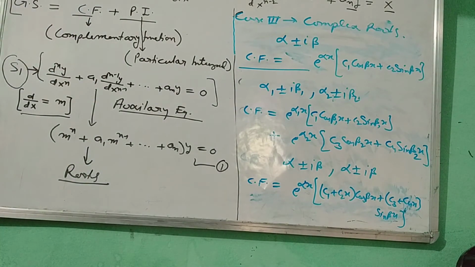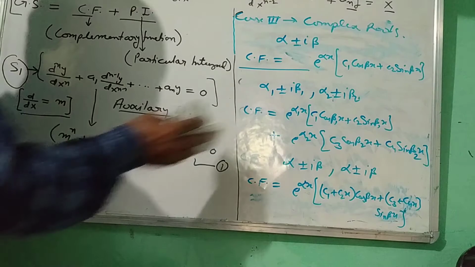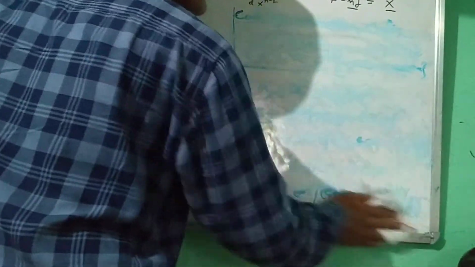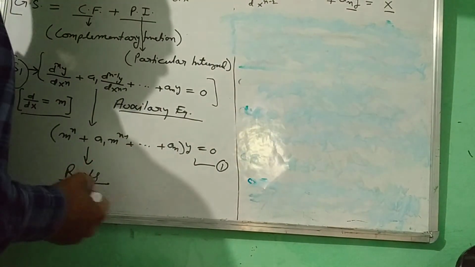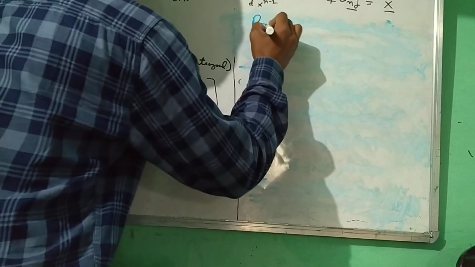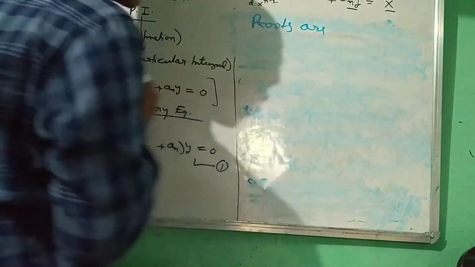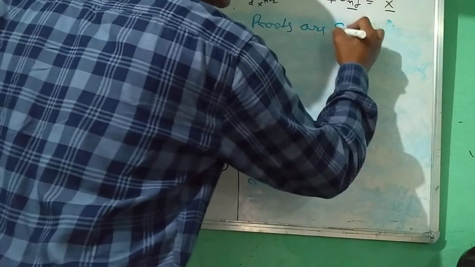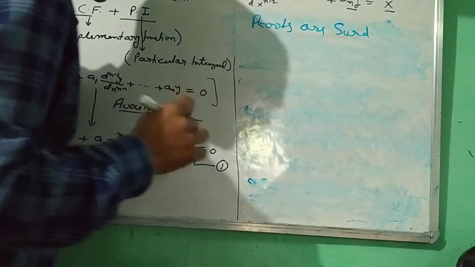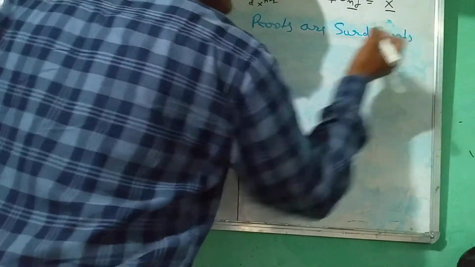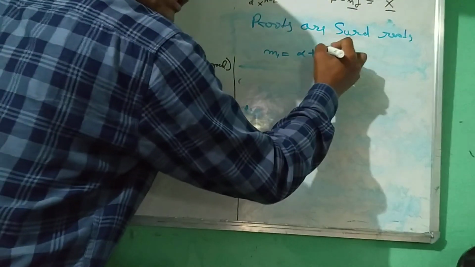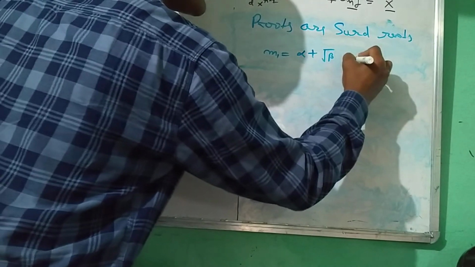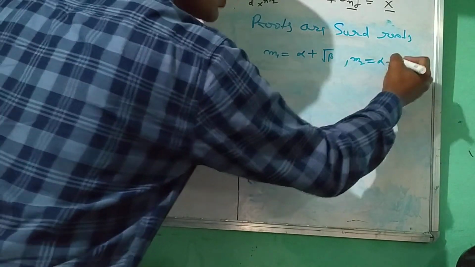Now another type of roots is surd roots. Suppose we have roots in the form m1 equal to alpha plus root beta and m2 equal to alpha minus root beta.